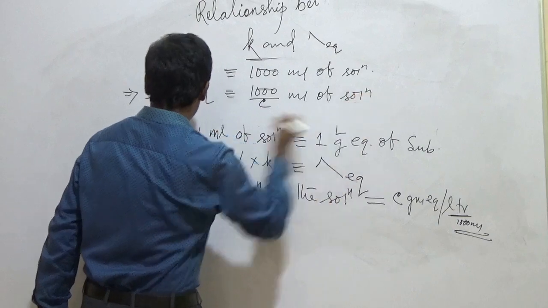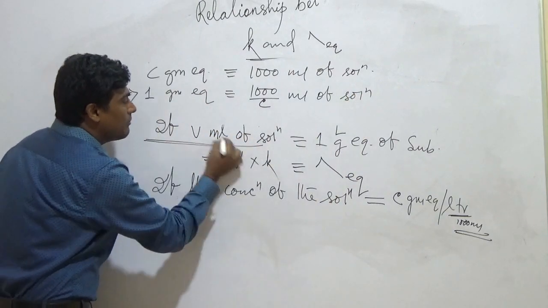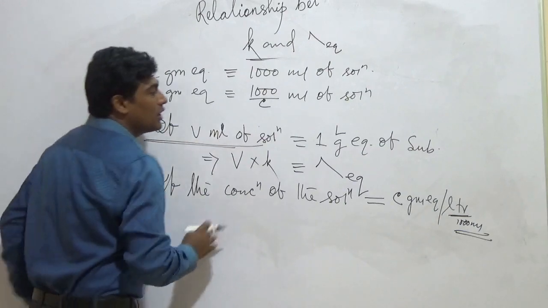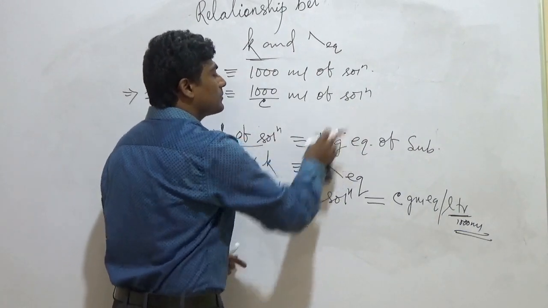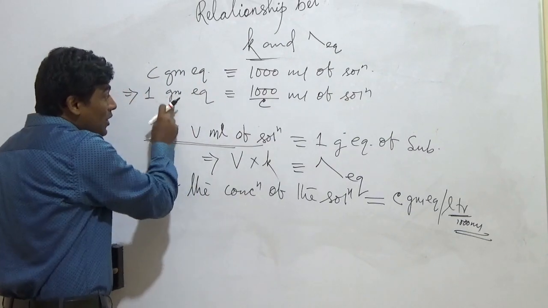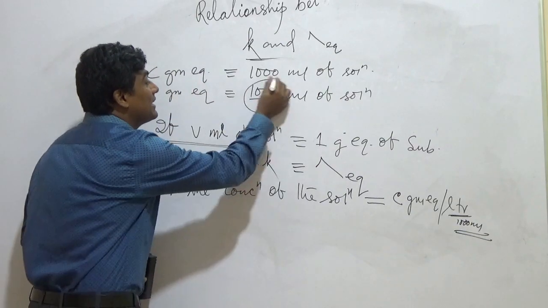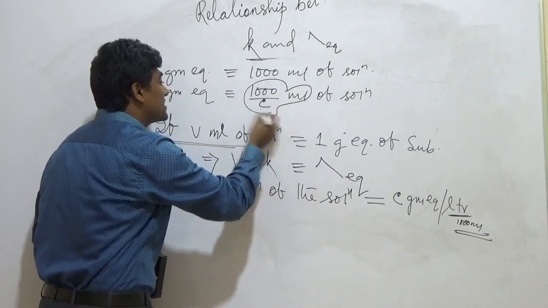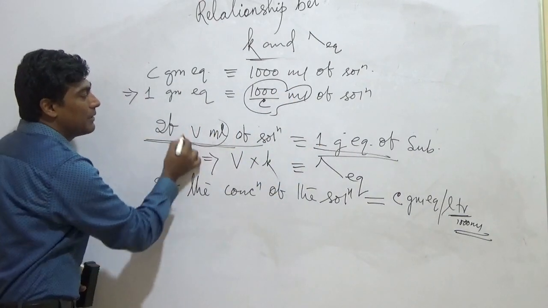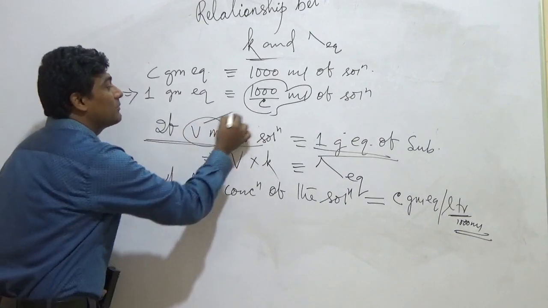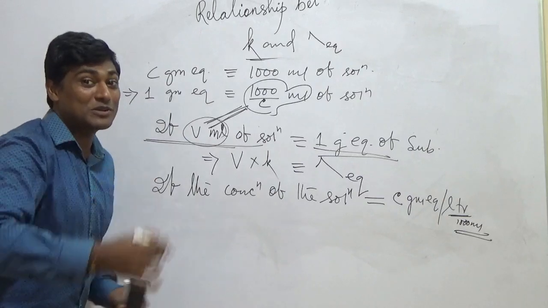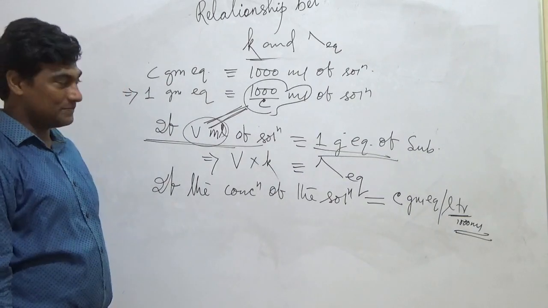And we had considered that in V ml of the solution, 1 gram equivalent of the substance was present. So if that 1 gram equivalent is in 1000 by C ml of solution, and that 1 gram equivalent is present in V ml of the solution, then V and 1000 by C are equal.